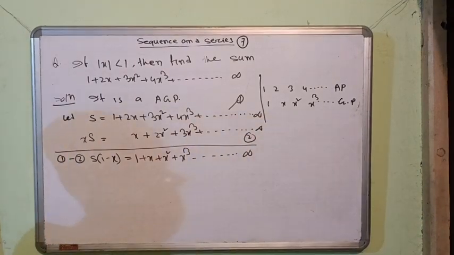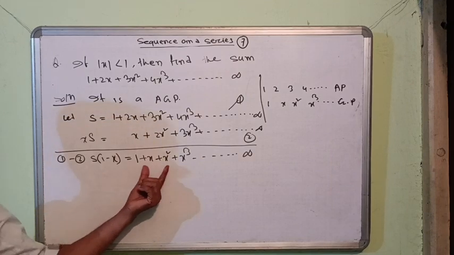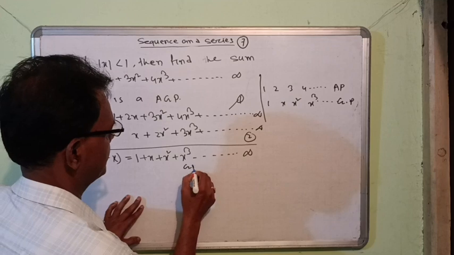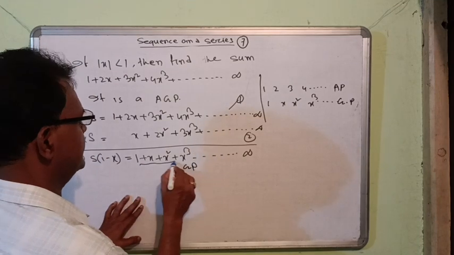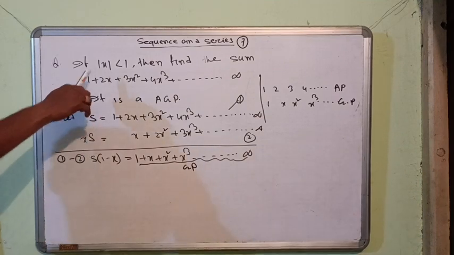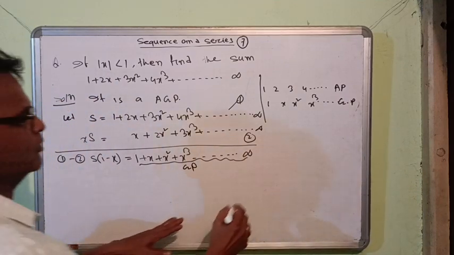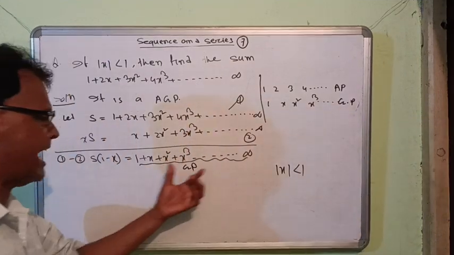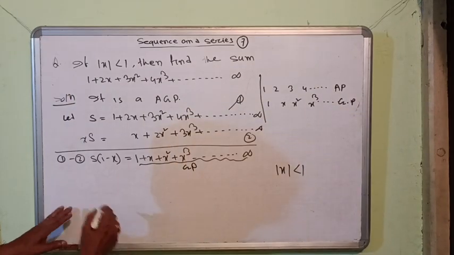It is seen that this series is a GP, and given modulus x is less than 1. This is the sum of the infinite terms.